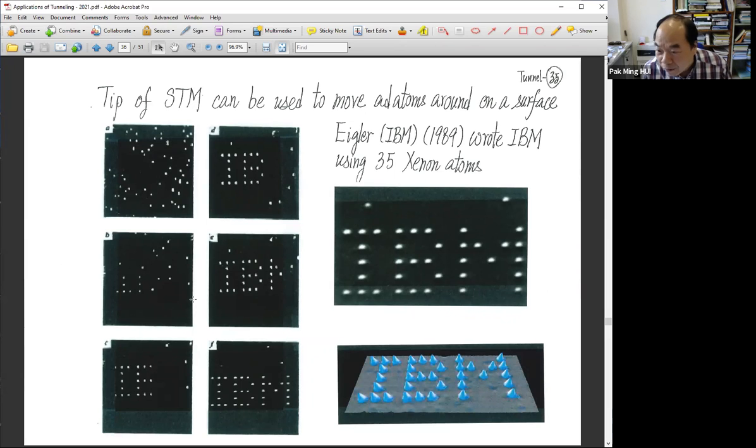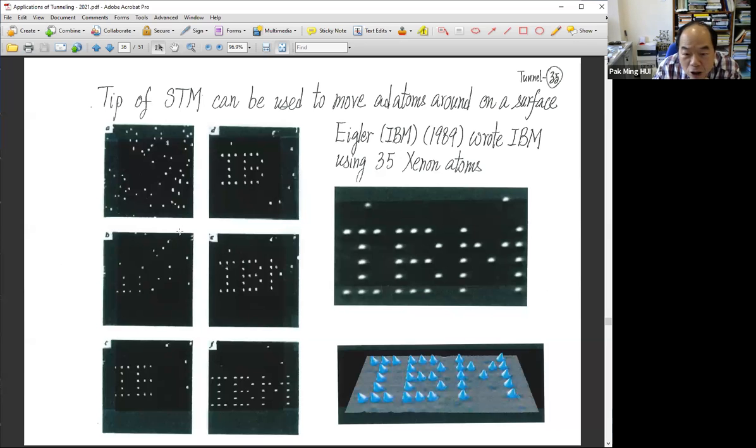A byproduct, rather accidental, is that with this STM tube, I think some experimentalists may have made a mistake touching the surface, but when they touched the surface, they found that sometimes the tube is able to pick up an atom, move it somewhere else and put it down. So now it becomes another tool.